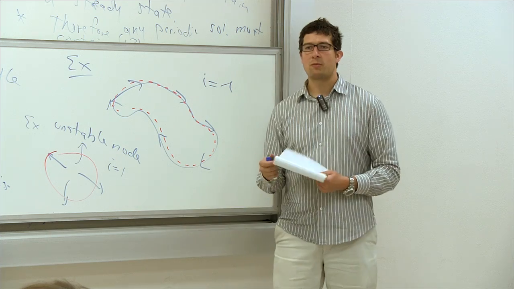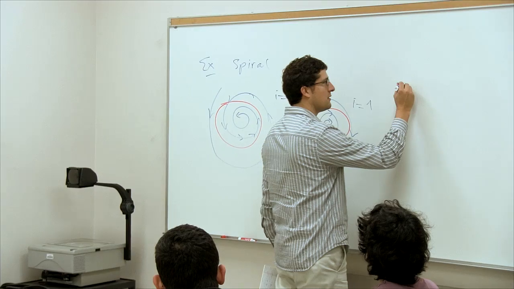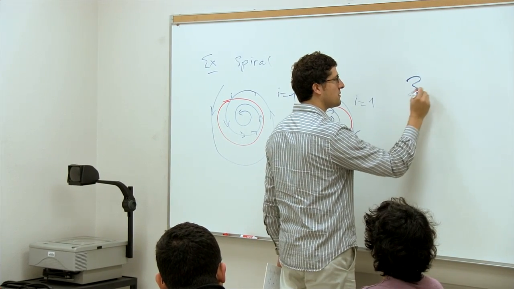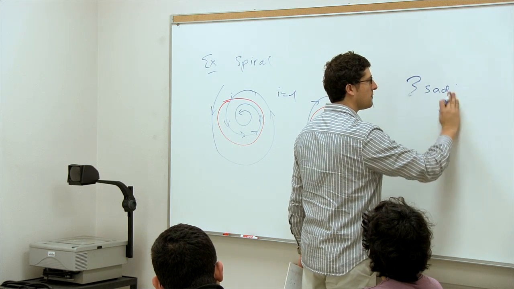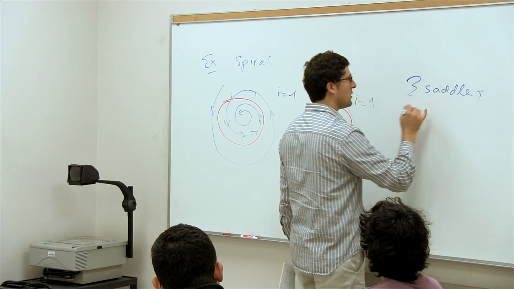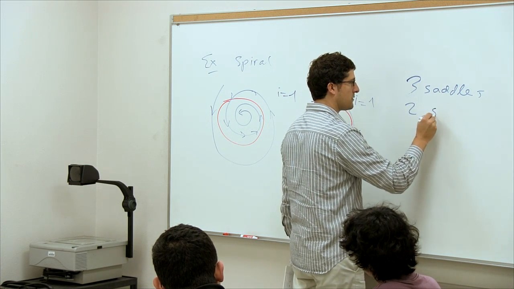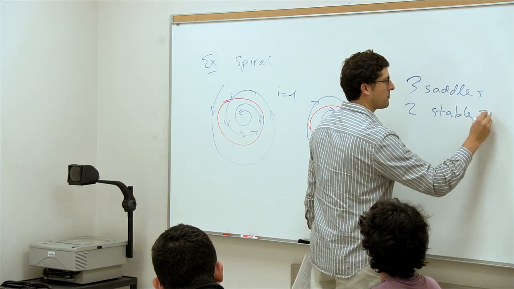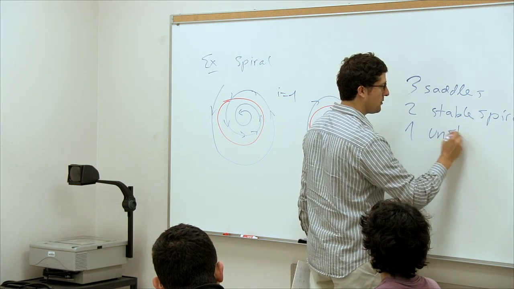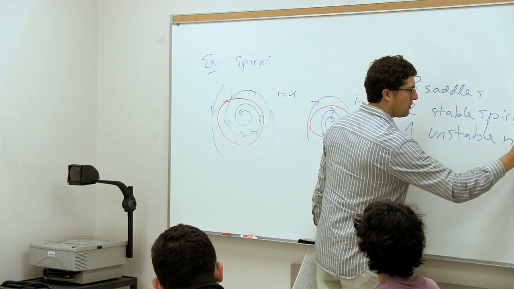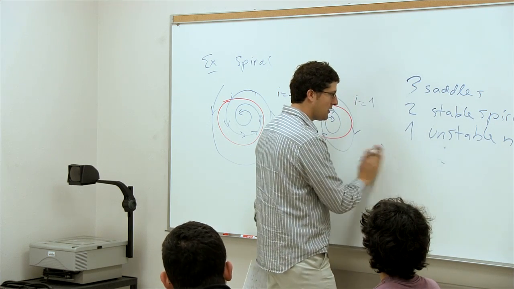So just to summarize, could you have a dynamical system that has 3 saddles, 2 stable spirals, and 1 unstable node? Could you have a bounded dynamical system that has these properties?